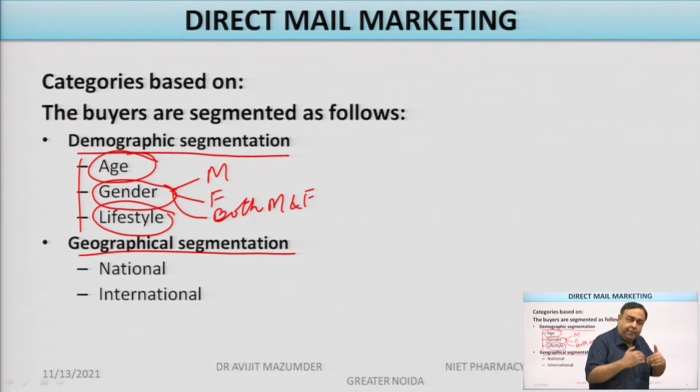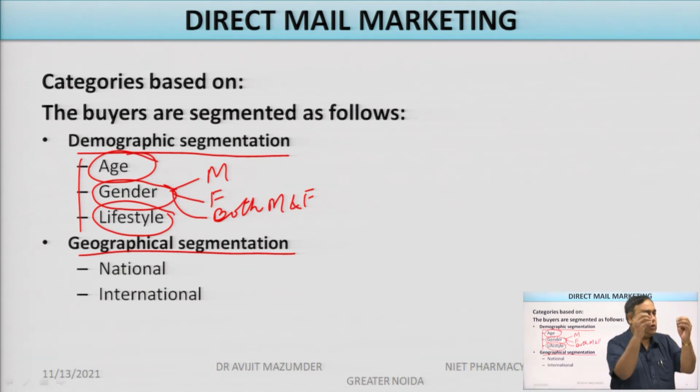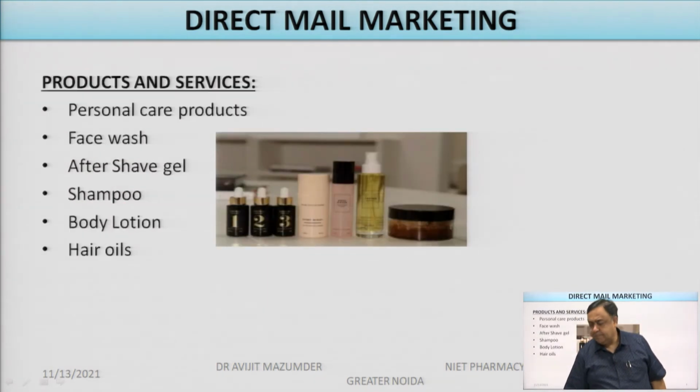Now, because the buyer characteristics vary, buyer's affordability varies, buyer's taste varies, buyer's choice varies, everything varies, buyer's likeliness varies. So, we need to have a very clear-cut understanding on the basis of the buyer's category on which we need to categorize them.